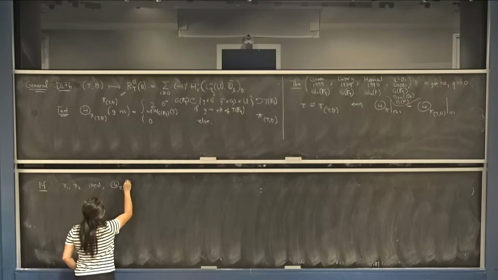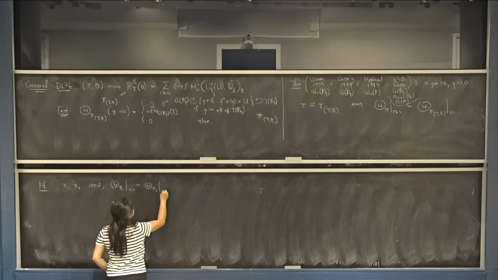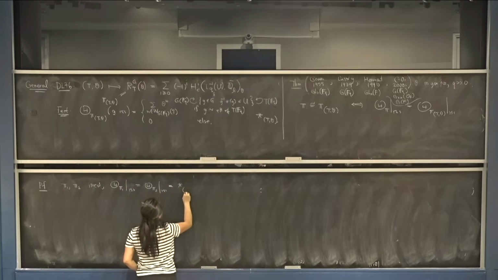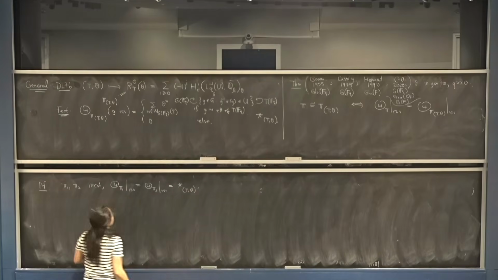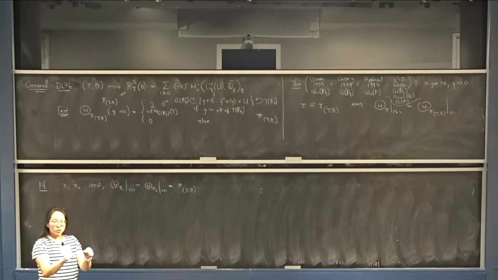We also know that their characters on the regular semi-simple part are the same, and moreover we know what the shape is: it's equal to the character of pi_{T,theta}. Now I want to show that they're isomorphic.